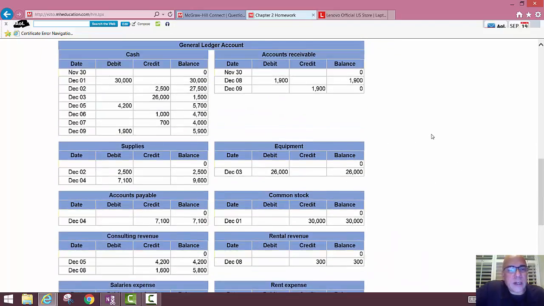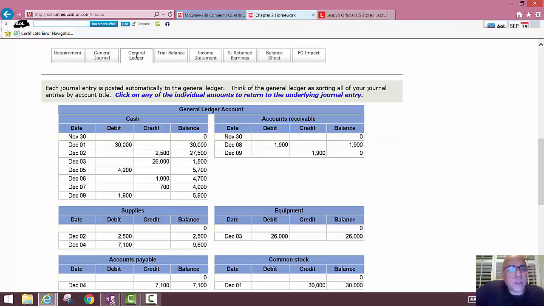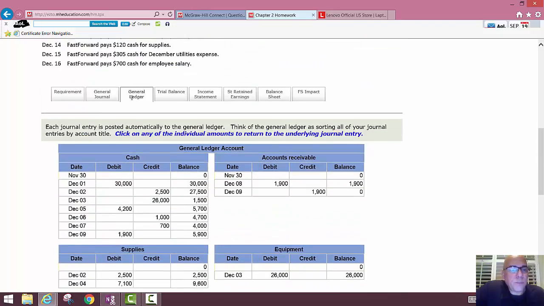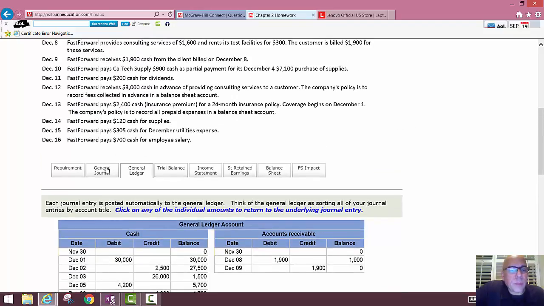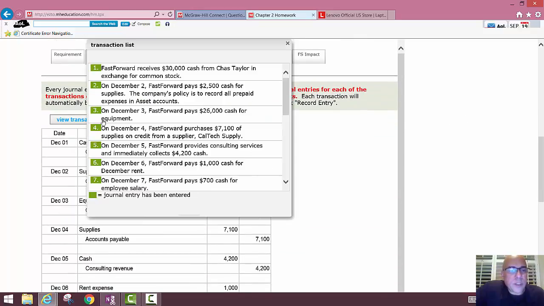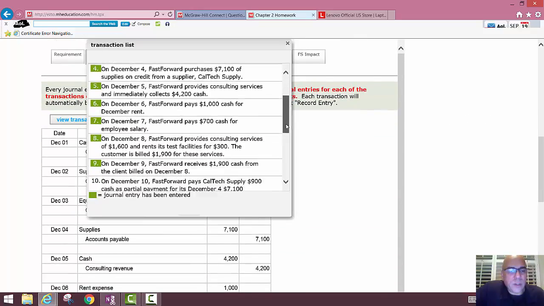So again, this is entirely going to happen on the balance sheet, so I'm going to go back to my general journal, not my ledger. I go back to my transaction list, and I was working on this one here.